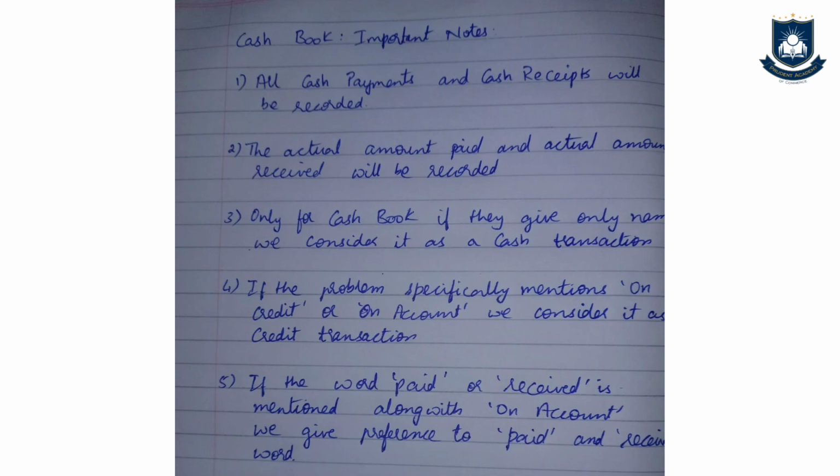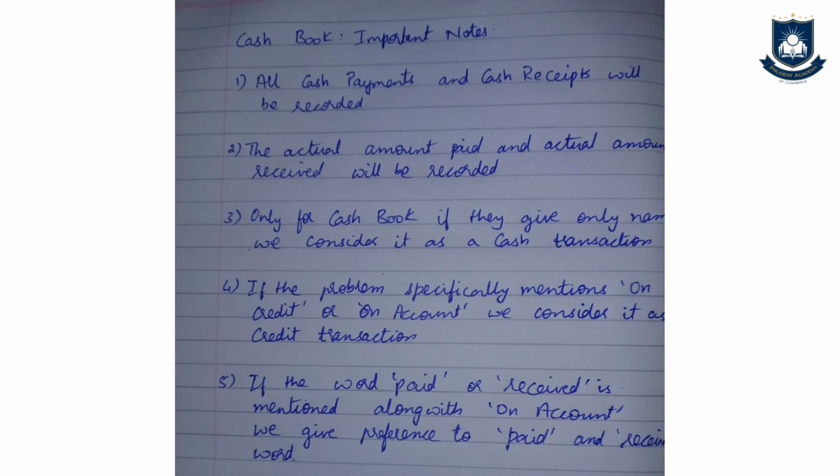We record only the cash transaction. Then what you should do is, if you come across such a transaction, after you solve the problem, write a note telling this particular transaction has not been recorded as it is a credit transaction, so that the examiner knows that you are aware of the concept and you are perfect in the concept. It will give you more edge in getting marks.